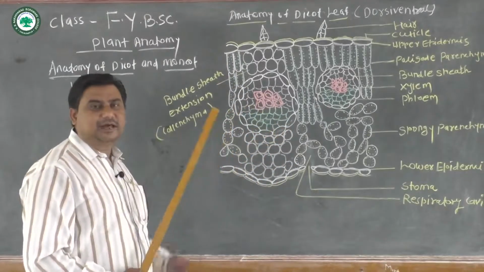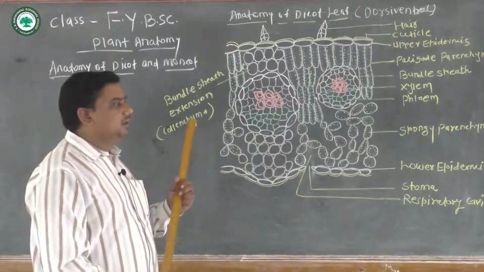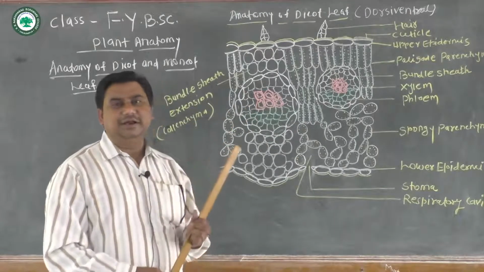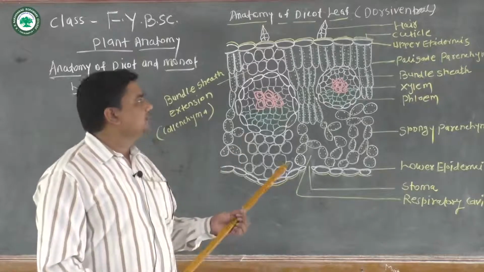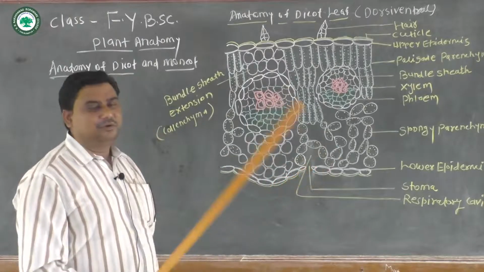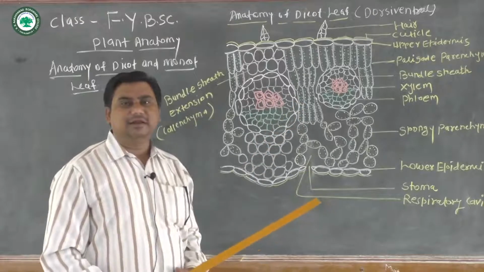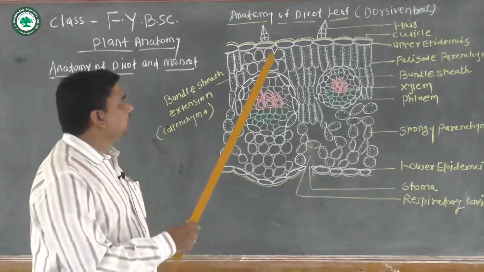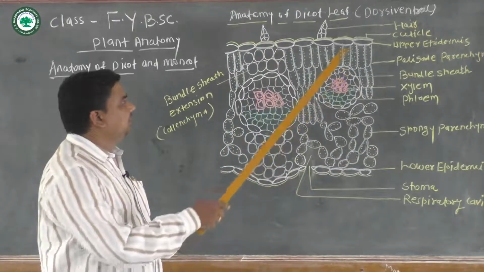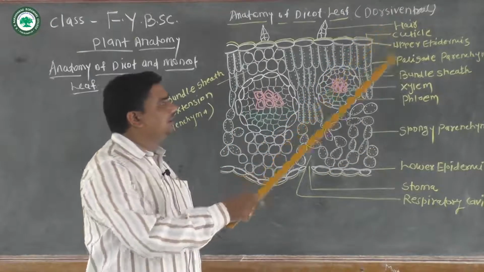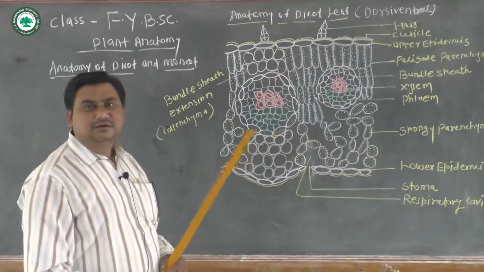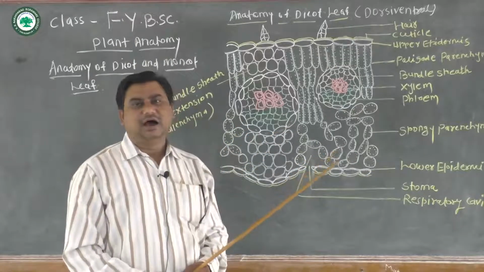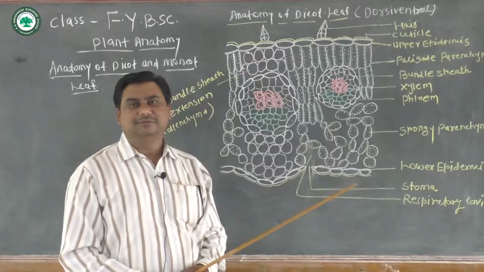In dicot there is the reticulate type of venation, then in monocot there is the parallel type of venation. So this particular dicotyledon leaf is the dorsiventral leaf, whereas the monocotyledon leaf is the isobilateral type of leaf.